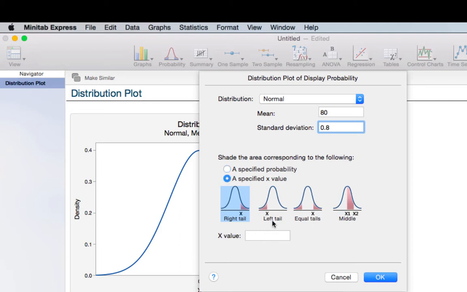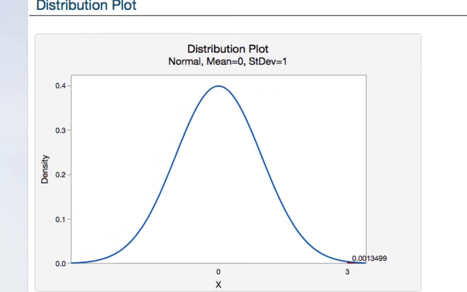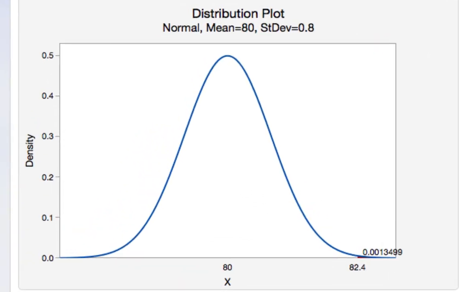Our specified x value is now the observed sample statistic, 82.4. So in other words, we have a sampling distribution with a mean of 80 and a standard deviation of 0.8. We're doing a right-tailed test, and we want to find the area that is greater than 82.4. This should give us the same p-value, or approximately the same p-value, and it does, 0.0013499.